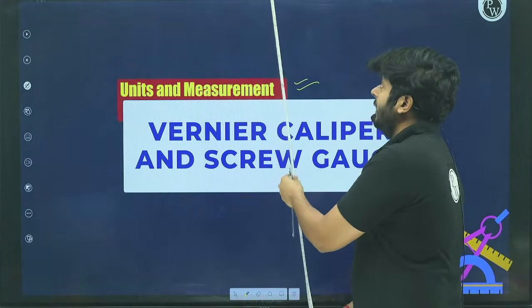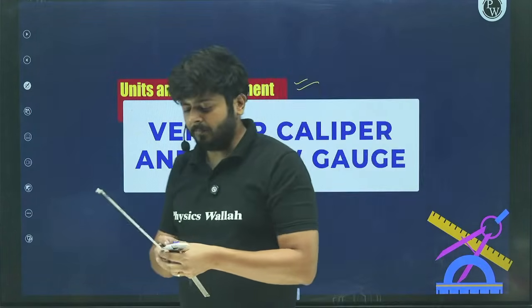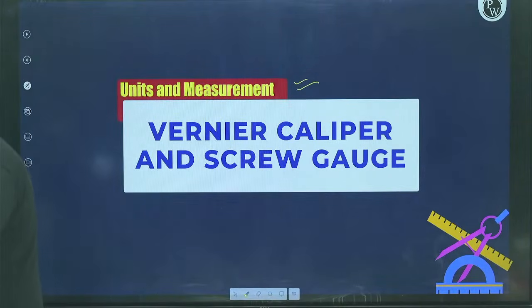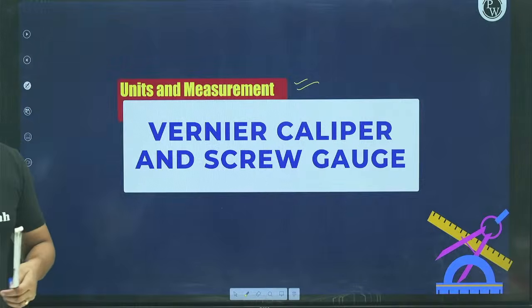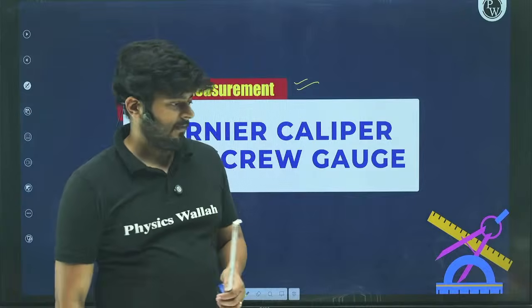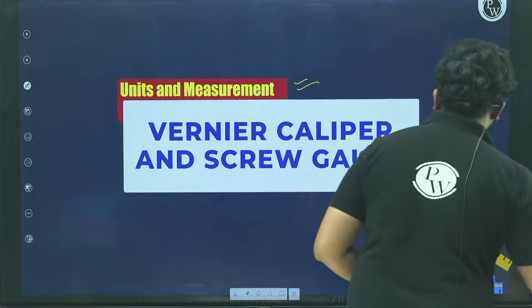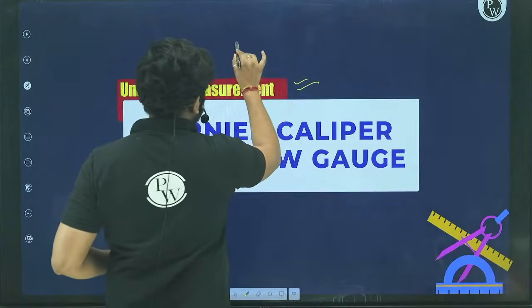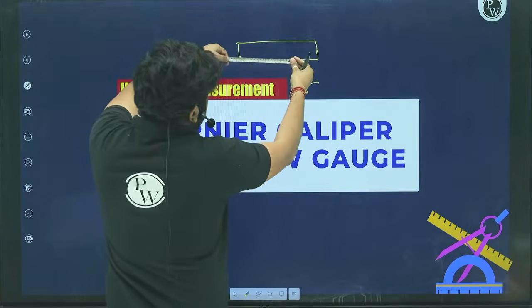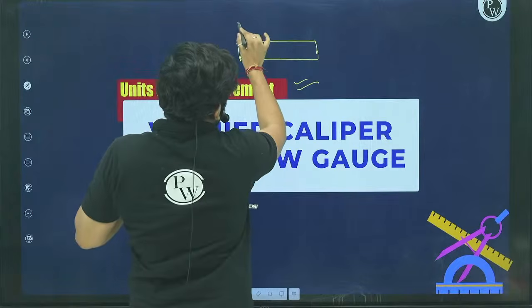But my dear kids, if I want to make it more precise, for example, I want to measure the length of this thing up to certain decimal values, I can do it with the help of a scale like this.